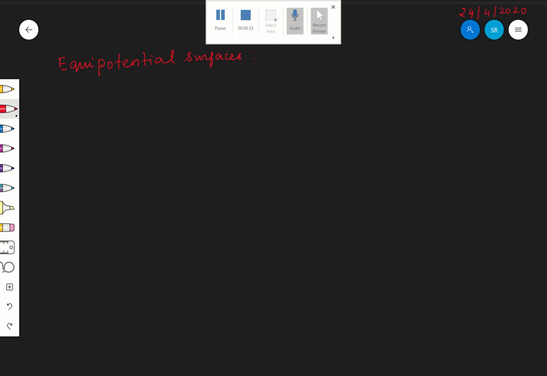Are you following? Therefore, an equipotential surface is the surface on which each and every point has the same potential. That's all.